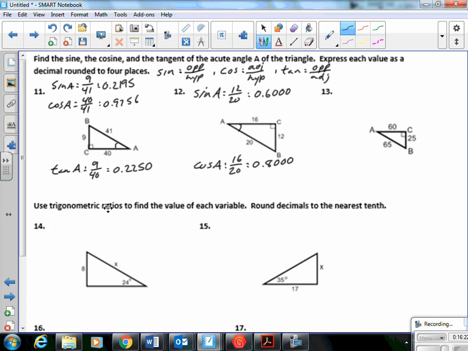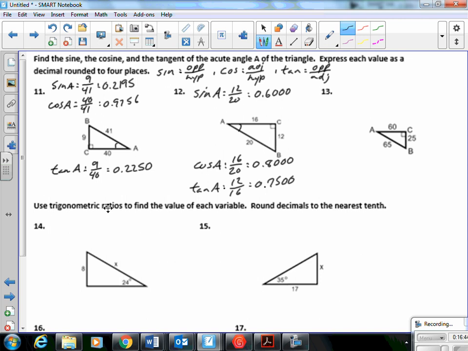Put in the zeros to get it to 4 decimal places. And tangent of A will be the opposite side 12 over the adjacent side 16. So 12 over 16, 0.75, 0, 0 to get it to 4 decimal places.